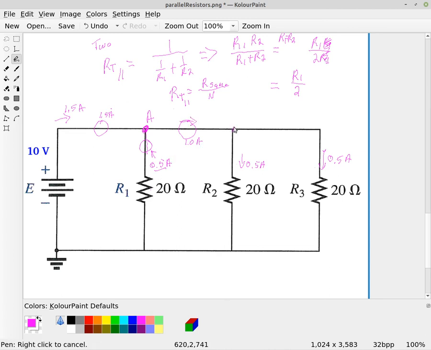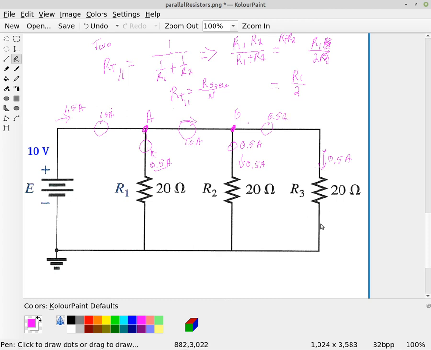Now if we look here, call this point B. So at point B here, coming into point B, we have 1 amp. If we look to the right of point B, we're going to have our half an ampere. And if we look straight down from point B, we're going to have half an ampere. Right.